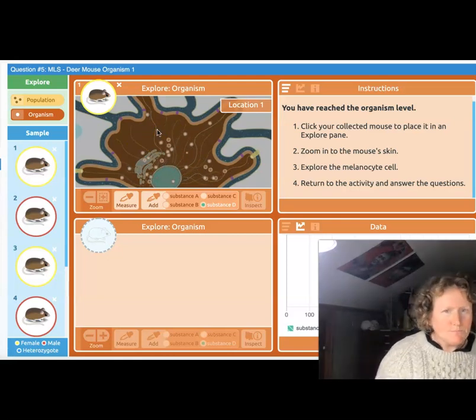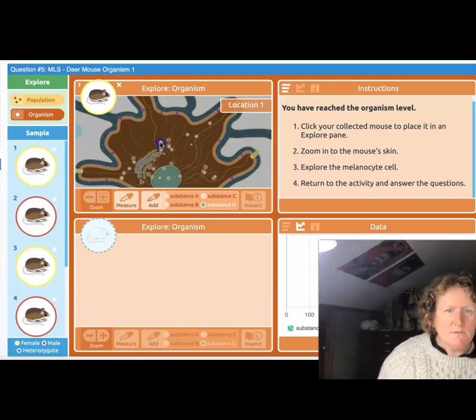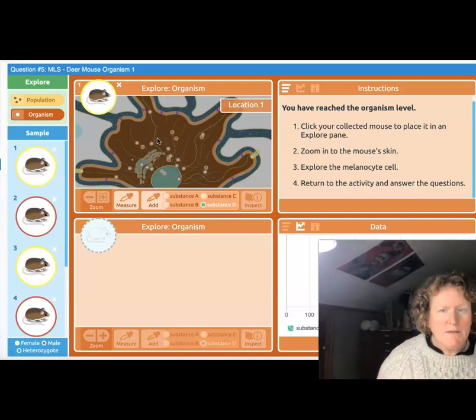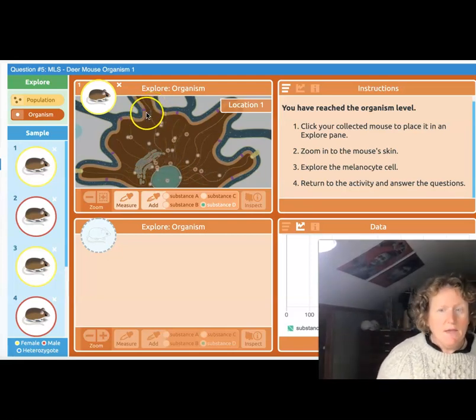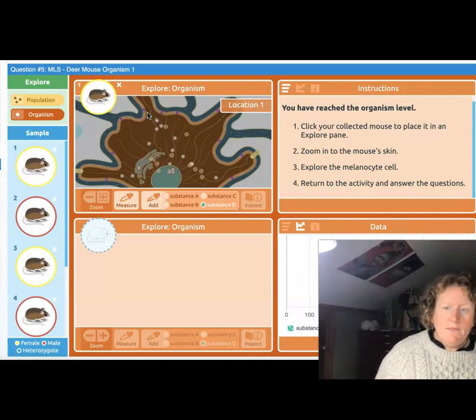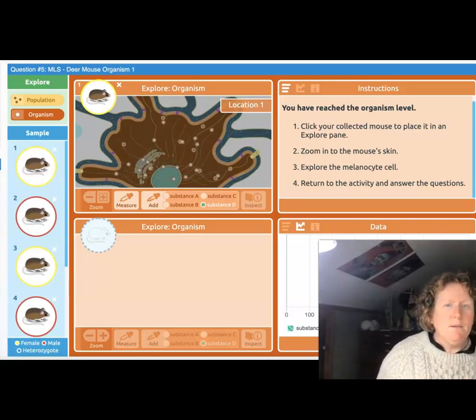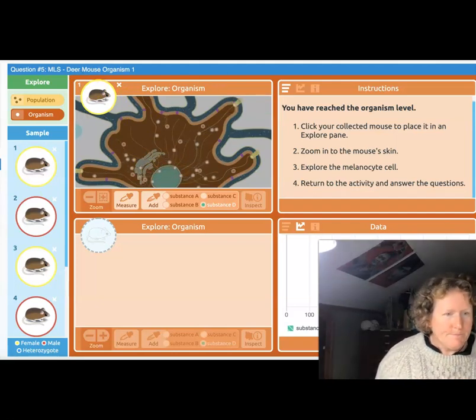Location 1. Those melanosomes are location 1, and they're pretty important because they're what makes the cell a melanocyte, a cell that produces melanin or pigment. Pigment is a coloring that makes skin or fur or hair or feathers a different color based on what kind of pigment is produced.